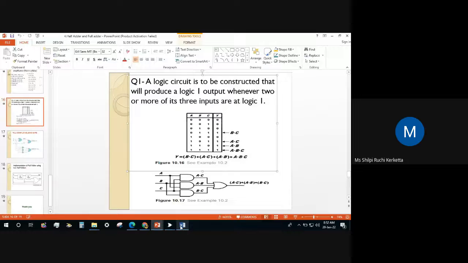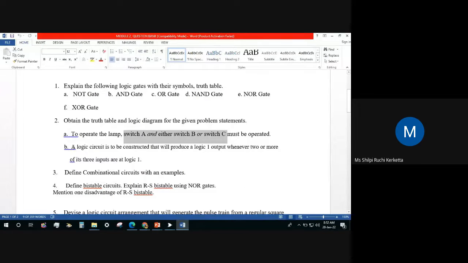So what it has given: a logic circuit is to be constructed which will produce a logic 1 whenever 2 or more of the 3 inputs are logic 1. Only then we will get a 1.